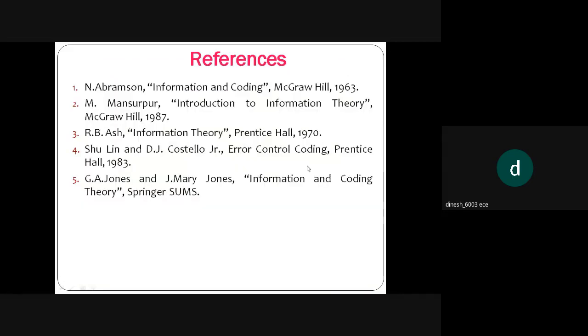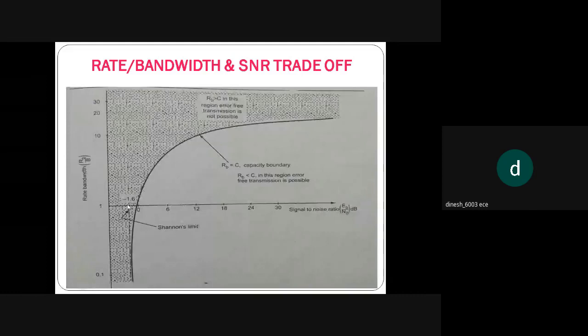Sorry for moving this line. If we calculate the logarithm of Eb/N0, 0.693, we get minus 1.6. So this is your Shannon's limit. You can see minus 1.6 dB in signal to noise ratio.